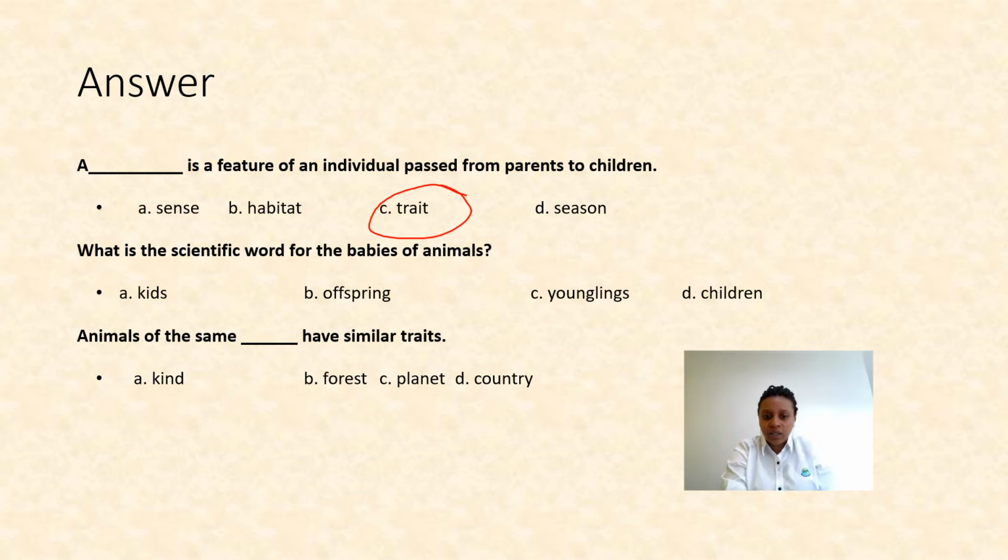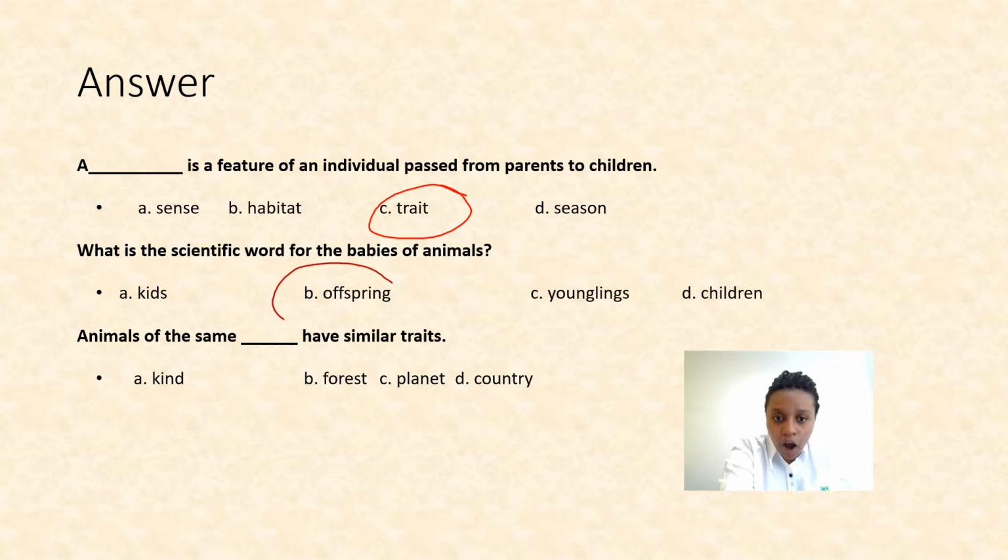Okay, next one. What is the scientific word for the babies of animals? So remember we spoke about it. What is the specific word for the babies of animals? Offspring. Okay, good job.